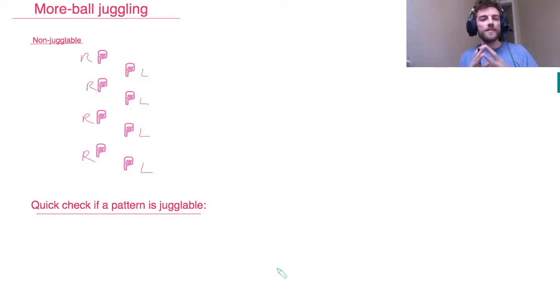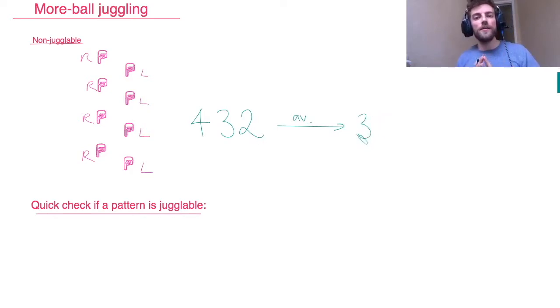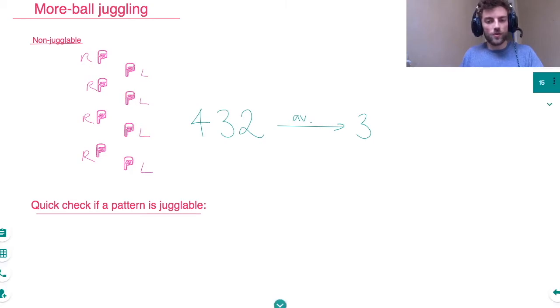In light of what I've just explained about the mean average being the number of balls in a siteswap pattern, it's important that we don't fall into the trap of thinking that any list of numbers that have an average that is an integer, such as 432, which averages to 3, is a juggling pattern. Indeed, if I draw this on the ladder diagram, I can see that if I throw a 4 throw, 1, 2, 3, 4, I'm back here.